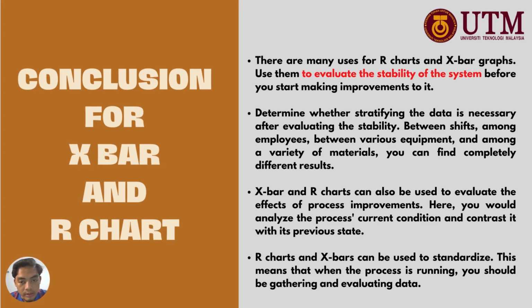Next, determine whether stratifying the data is necessary after evaluating the stability between shifts, numbers of employees, various equipment, and varieties of material, where we can find completely different results. Next, S bar and R chart can also be used to evaluate the effect of process improvement, where we analyze the process's current condition and contrast it with its previous state. Lastly, R chart and S bar can be used to standardize.